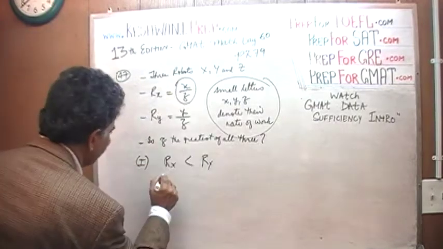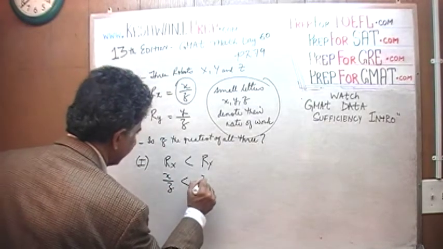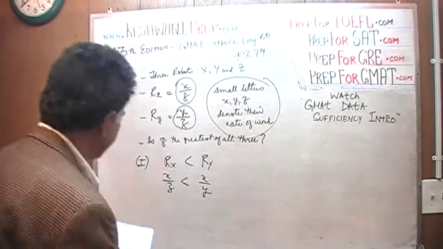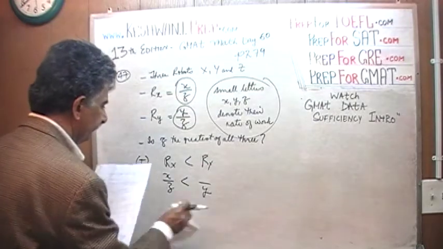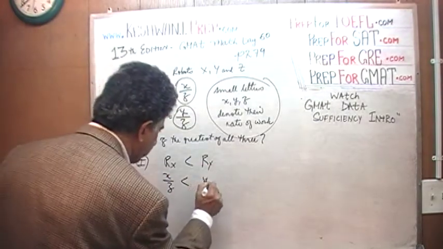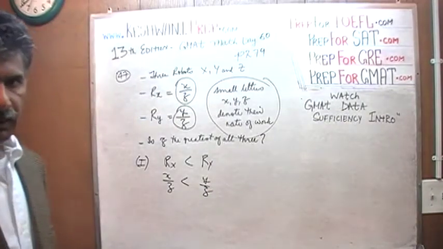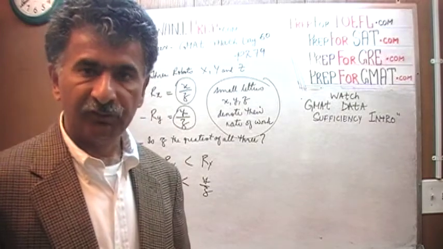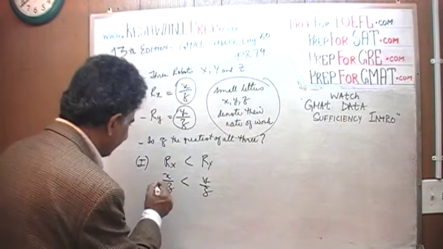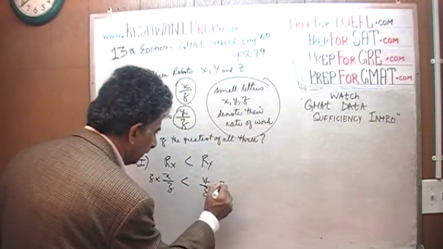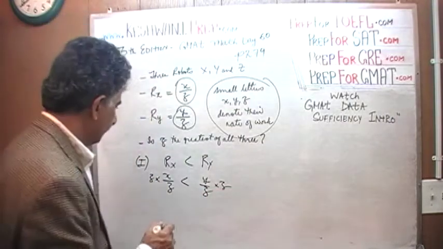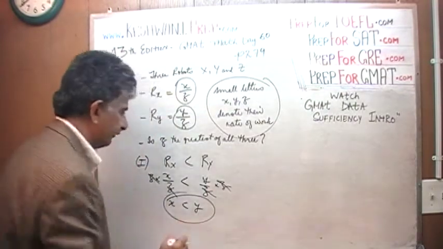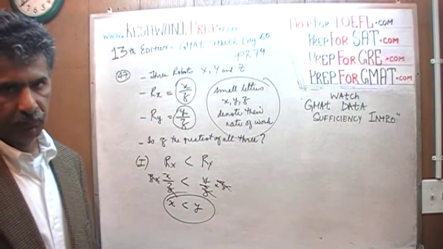Rx is X over Z, so we are told that X over Z is less than Y over Z. Since X, Y, and Z are all positive numbers because they are rates of work, they cannot be negative, we can multiply both sides of this inequality by Z without affecting the direction of the inequality. So what we find is that X is less than Y. In other words, robot X is slower than robot Y.